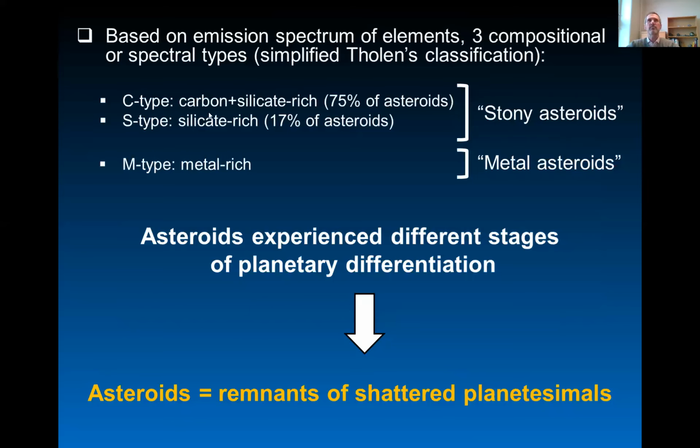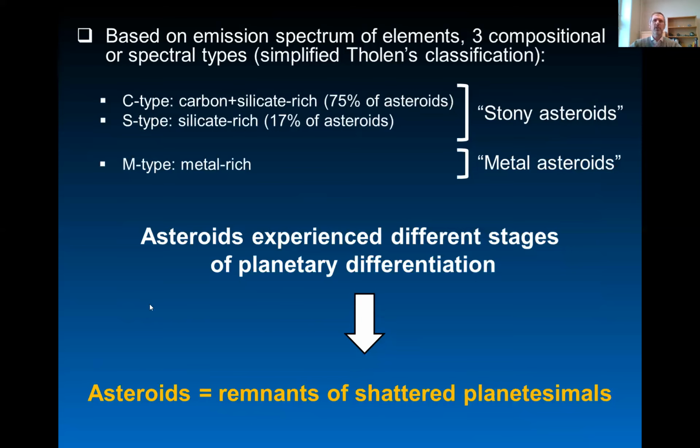C-type asteroids for carbon-rich and silicate-rich asteroids, 75% of the total asteroids. S-type asteroids, silicate-rich, about 17% of asteroids. And finally, the metal-rich asteroids, M-type asteroids. C-type and S-type can be grouped as stony asteroids in opposition to metal asteroids.